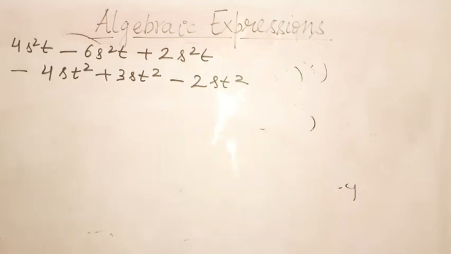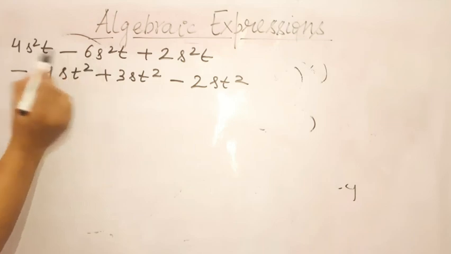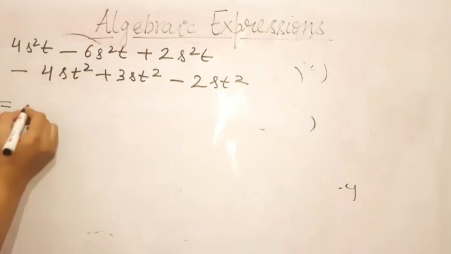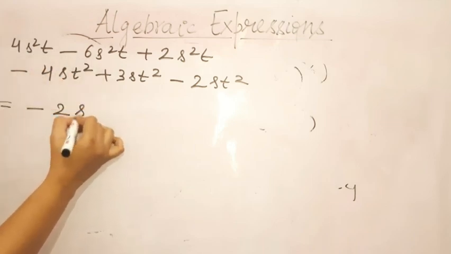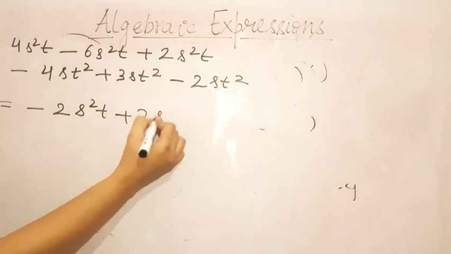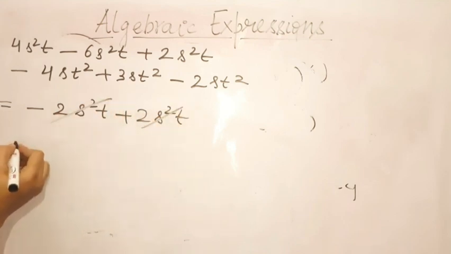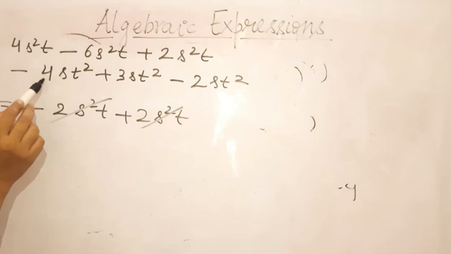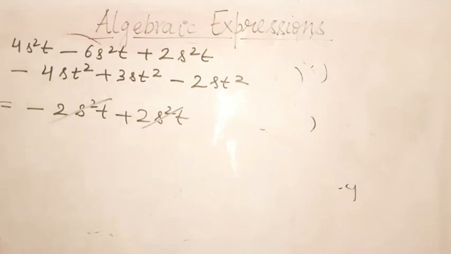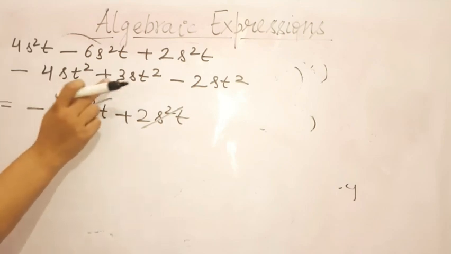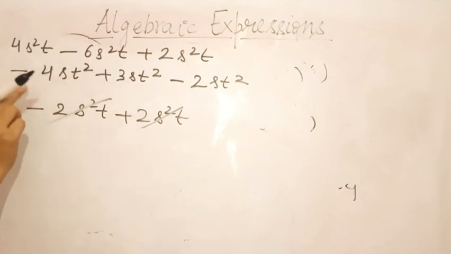So students, when you solve this, 4 minus 6 is minus 2, with the sign of the greatest number. So it will be minus 2s²t plus 2s²t, and that will be cancelled. Now moving on to this one, minus 4 plus 3. Minus 4 plus 3, with the sign of the greatest number.